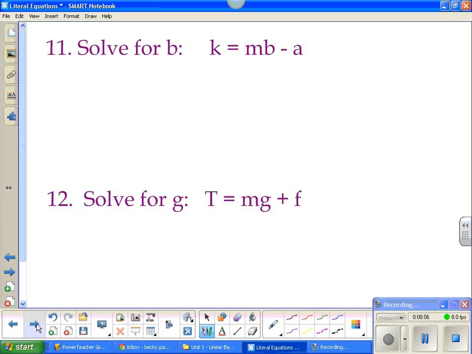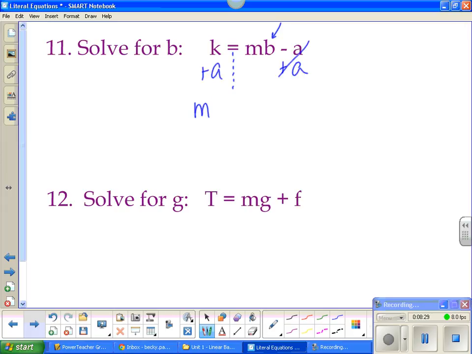Number 11 wants us to solve for b. Here's my b. Here's my little wall. So think about what's with the b. There's an m being multiplied by the b, and then there's a minus a. And you have to ask yourself, which one would you move first? And the answer is the minus a. So I would add a to both sides.